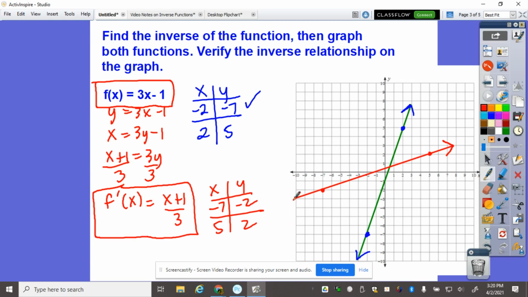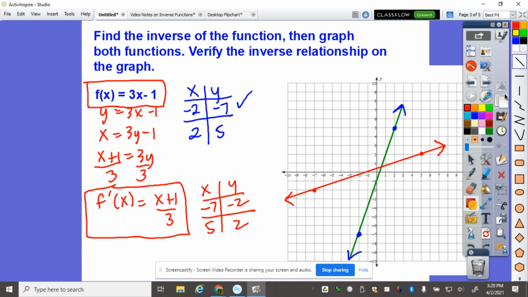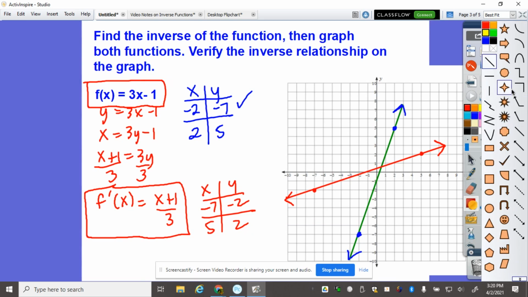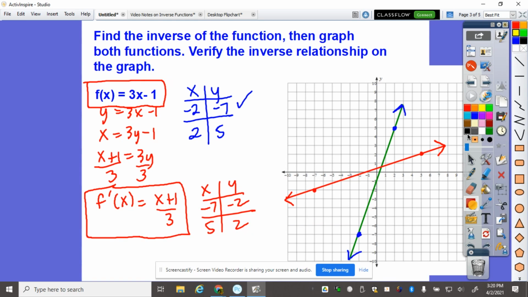And those are our lines, the graph of the two functions. And we're going to graph y equals x to verify the relationship. So it has to pass through the origin. There you go. And you can see the reflection, how symmetrical, a mirror image, both graphs of the two functions are. Okay.